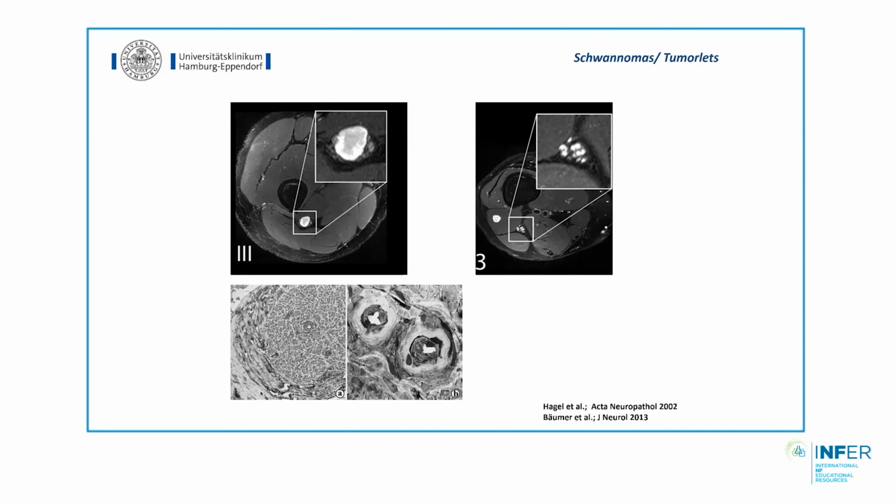On the left side you see a high-resolution MRI of the thigh, with a T2 hyperintense schwannoma in the ischiatic nerve. These high-resolution MRIs, called MRI neurography, are not only able to detect tumors but to illustrate the fascicular architecture. What is also present in NF2-related schwannomatosis are so-called microlesions.